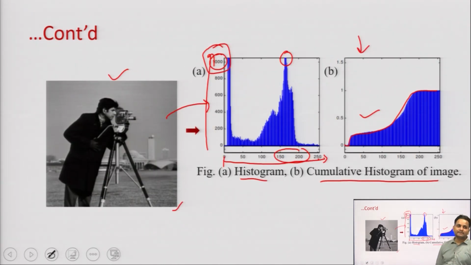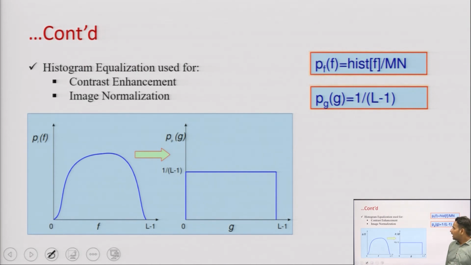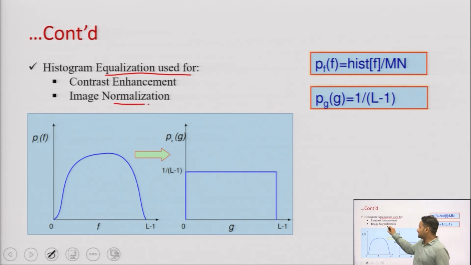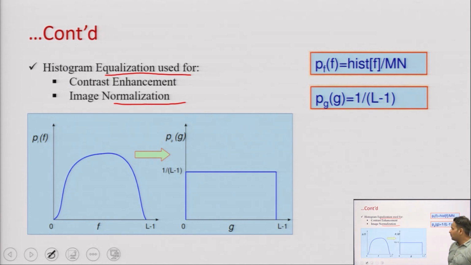The original image is different, and after the cumulative histogram your image gets enhanced in this manner. Now, if we talk about histogram equalization, it is used for contrast enhancement and image normalization. Here you have to use probability theory.